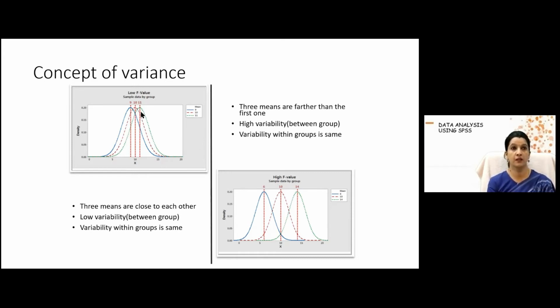So if the means of the individual groups are very close together, then the F statistic is low, because the between-group variability is low. If the means of the three groups are far apart, keeping the within-subject variance the same, then the F statistic is high, or the variance is high.